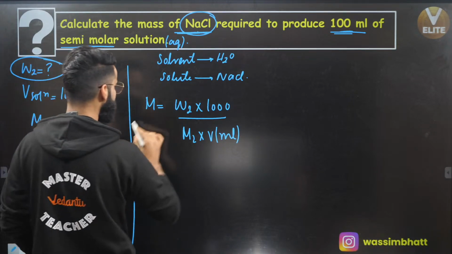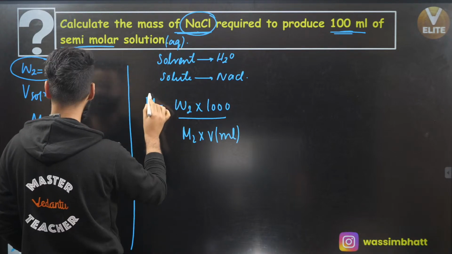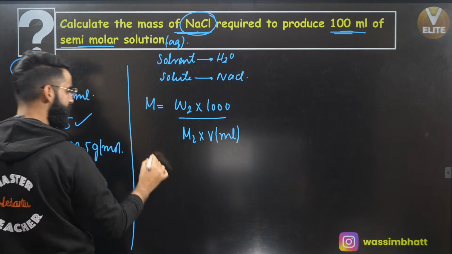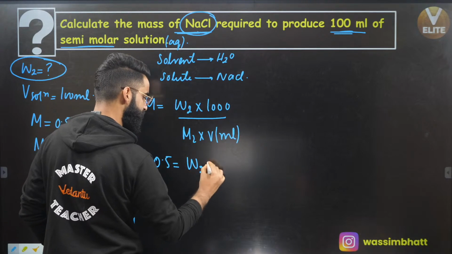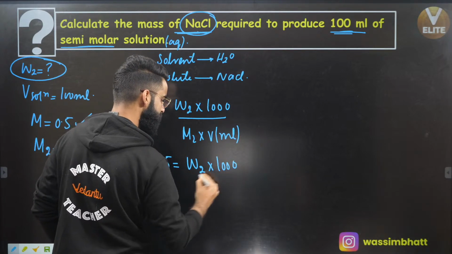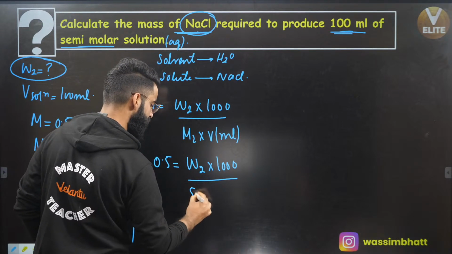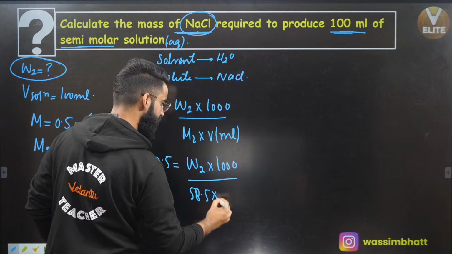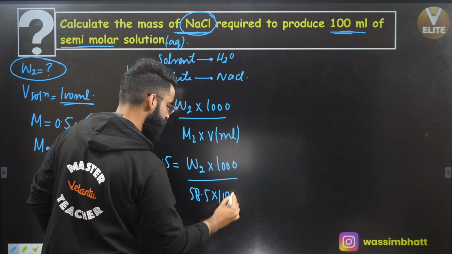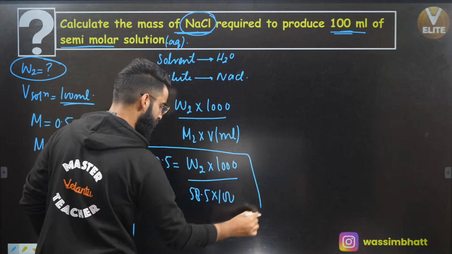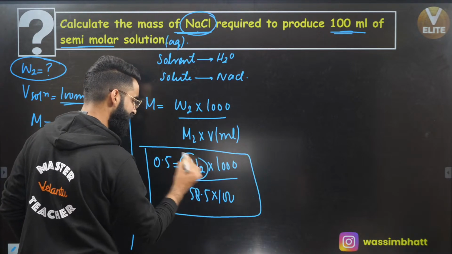Molarity of the solution is given to me as 0.5. W2 we are supposed to calculate, multiplied by 1000, divided by molar mass of solute, which is given as 58.5. Volume of solution in milliliters is again given as 100. So you got one simple equation in which you have one variable, that is W2.